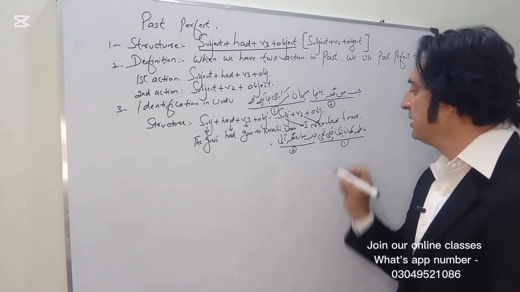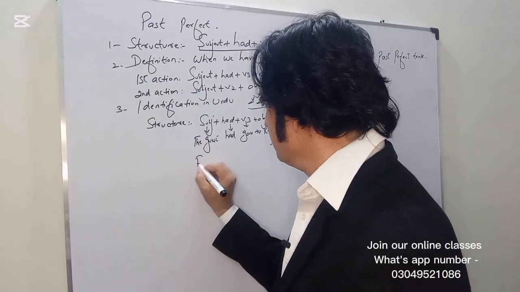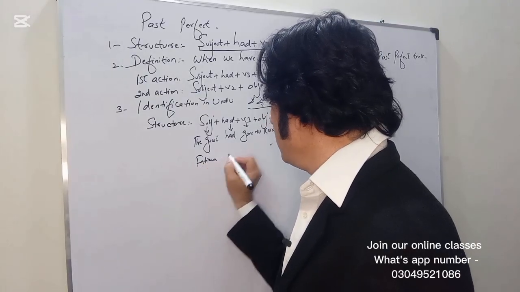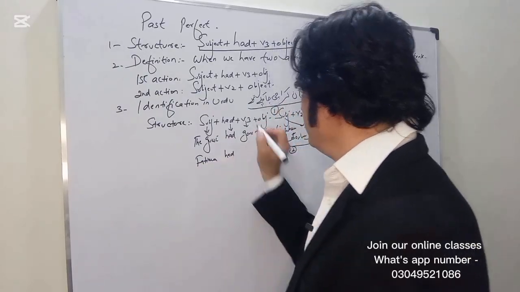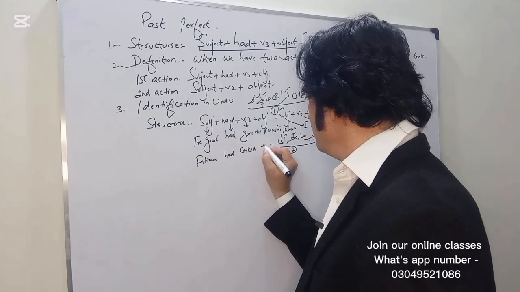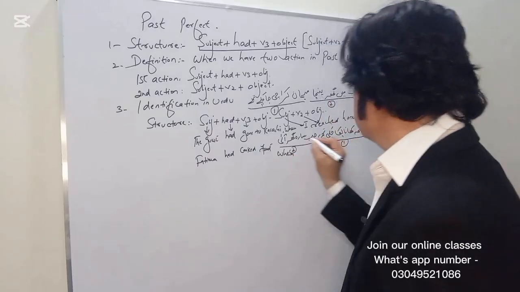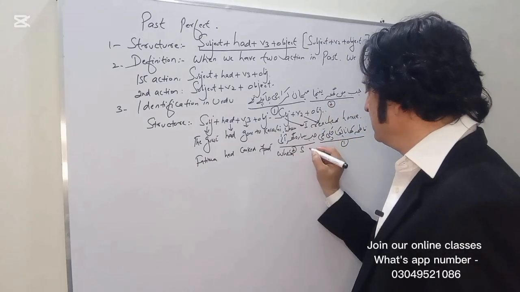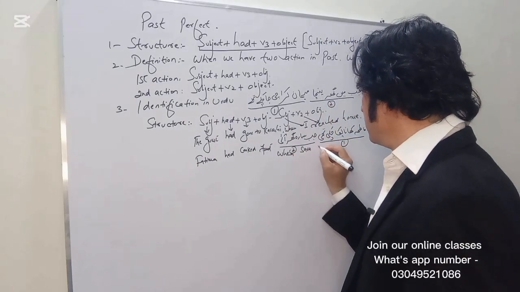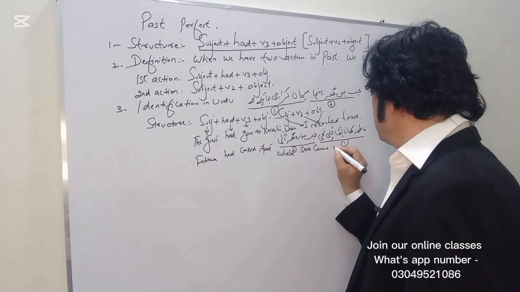So now we'll make it here. The first action: the subject Fatima, had, verb third form, cook becomes cooked, food as object, when Sarah, subject, and verb second form: came, home.